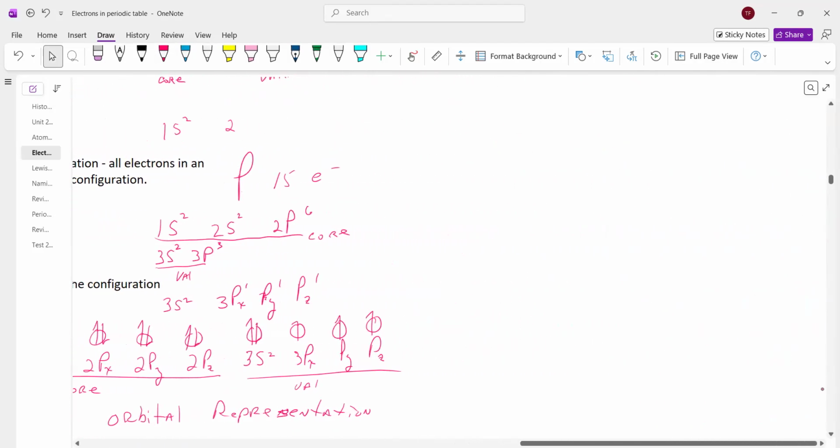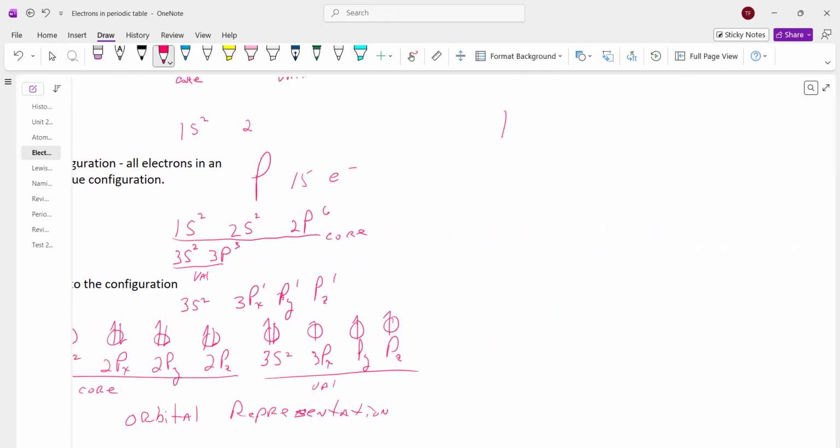Okay, so let's do iron over here now. We're going to recount our journey. In fact, let's do the orbital one. So this will be 1s2, 2s2. Now, when I do the p's, I'm going to put 3 of them in here. X, Y, and Z. And then 3s2.